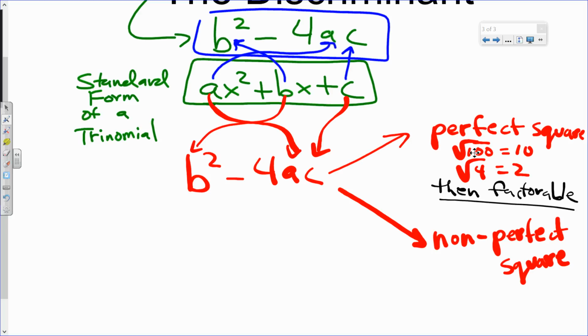See, if you do the b squared minus 4ac and it turns out to be a perfect square, then it's factorable. If it's a non-perfect square, it's not factorable. Simple as that. Not that crazy.